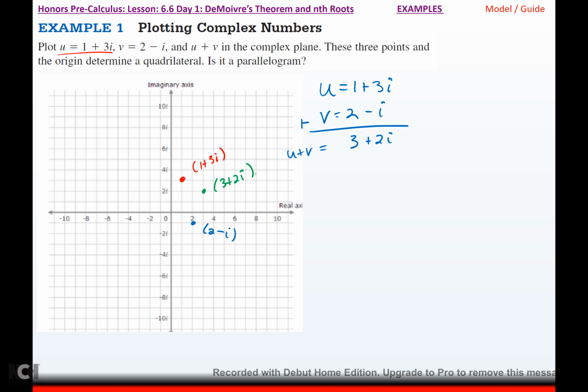Now, it says these 3 points and the origin determine a quadrilateral. Is it a parallelogram? What do I mean it makes a quadrilateral? Let's see. Connect there. Connect there. Connect there.